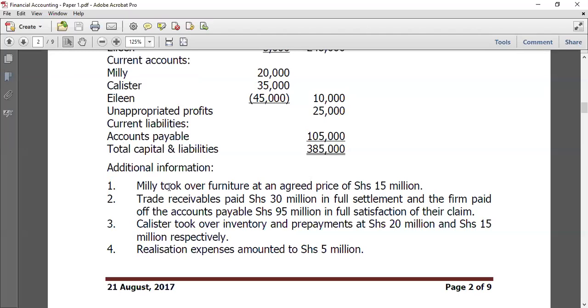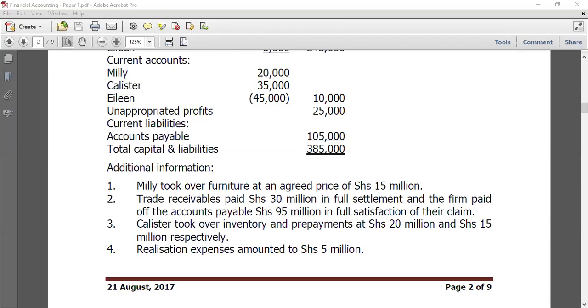Okay, so we had a case where, for example, Millie took over furniture of 15 million, and then we have a case of trade receivables paid 30 million in full settlement, and the firm paid 95 million in full satisfaction of their claim. So this 30 million definitely is paid through bank.